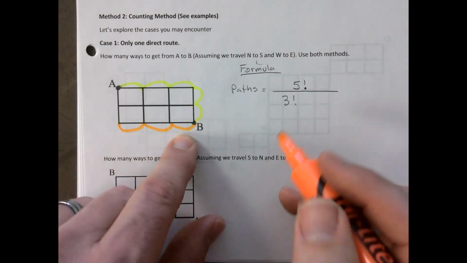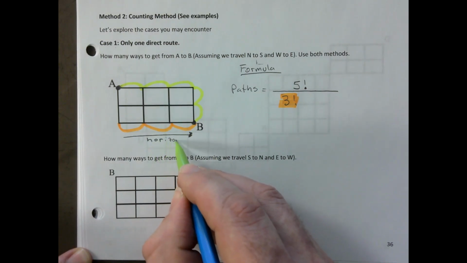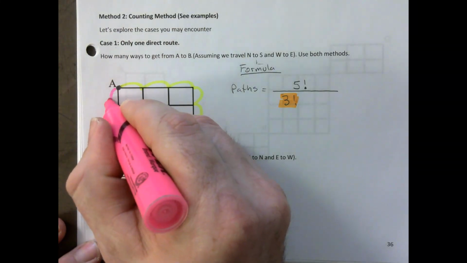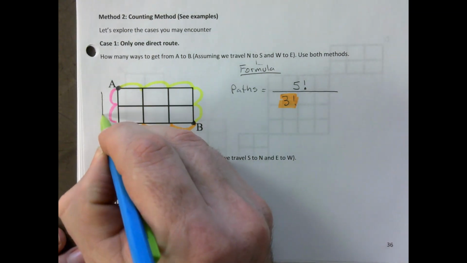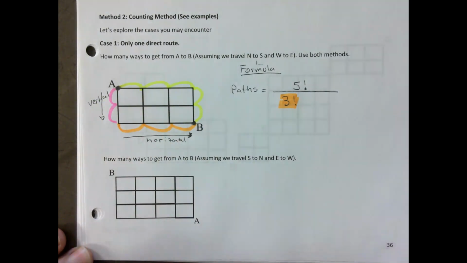Match the horizontal movement to this. And I'm going to make an arrow down here. This is my horizontal movement. And how many did you travel vertically? 1, 2. And we're traveling this way. So you're going to go 2 factorial here.